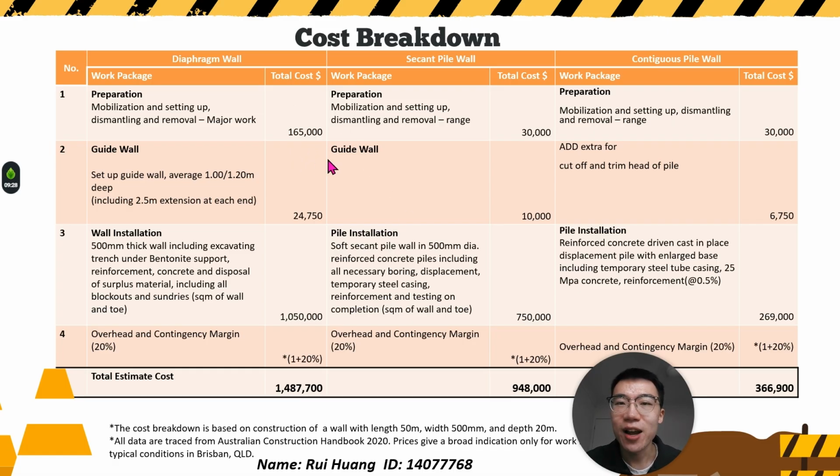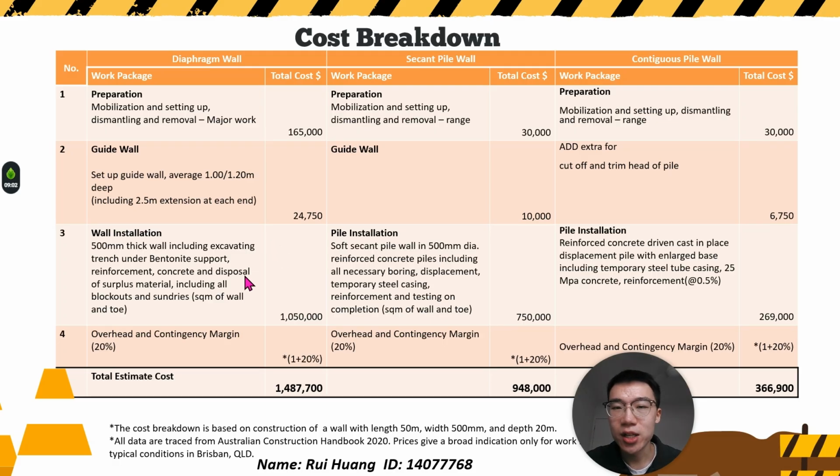Let's start with the diaphragm wall. The preparation cost, which includes mobilization, setup, dismantling, and removal of major equipment, is $165,000. The guide wall installation at about 1 to 1.2 meters deep with extensions at each end is around $25,000.